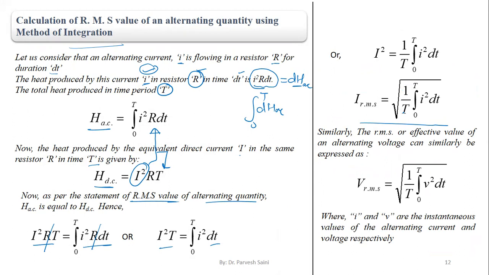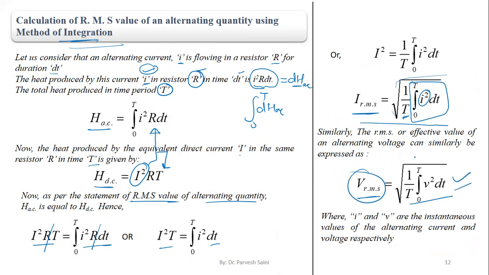You can simply integrate the whole alternating signal over the time period, and then you get the RMS value. This is also root mean square: the square of the instantaneous value, the mean, because you have integrated it and divided it by the time period T, and the root of this mean. This is how you can find the RMS value using the method of integration. Similarly, the RMS value of the alternating voltage is given by this formula.